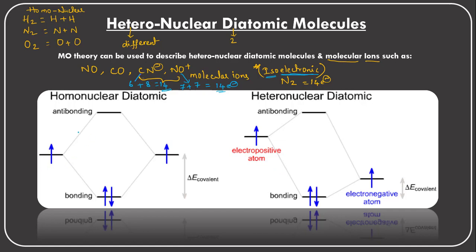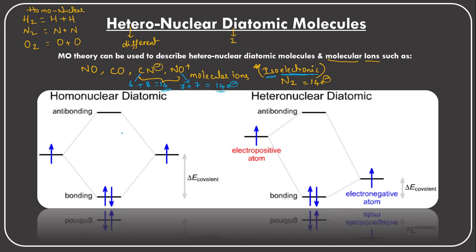In homonuclear diatomic molecules, since the atoms belong to the same element, like hydrogen, nitrogen, oxygen, the respective atomic orbitals of the atoms have the same energy. You can see here they have the same energies, and they merge together, forming bonding and anti-bonding molecular orbitals.